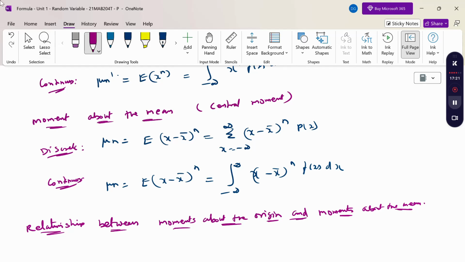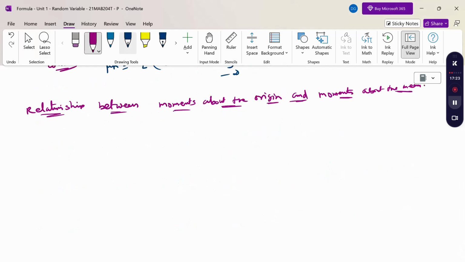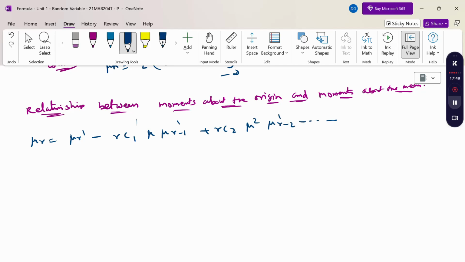So this is nothing but mu r equal to mu r dash minus rC1 into mu r minus 1 dash mu 1 dash, plus rC2 mu 1 dash square mu r minus 2 dash, and so on. This is a general form.